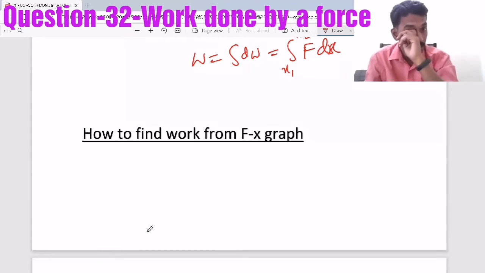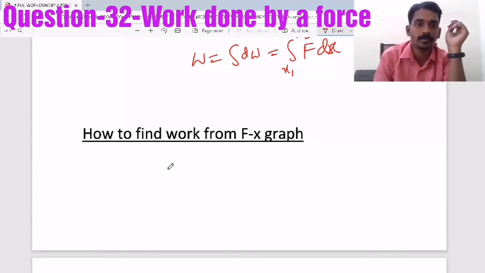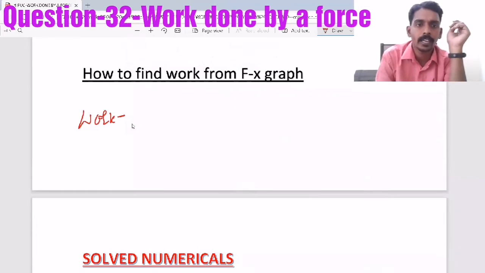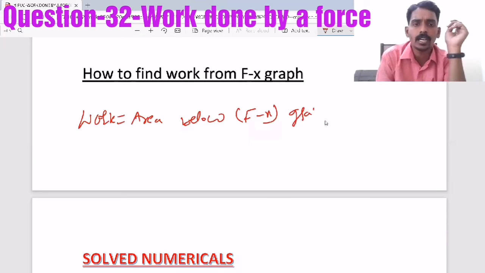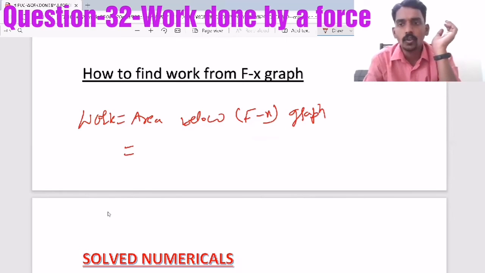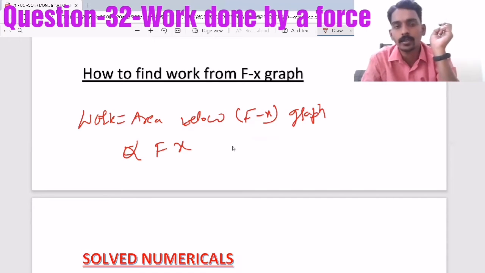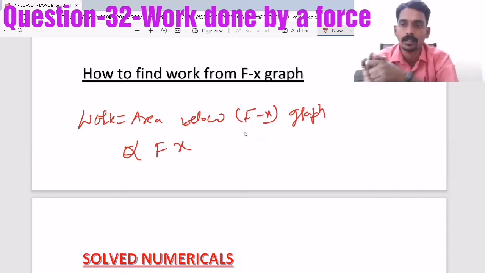Now, how to find work from the F-x graph? The work done is also equal to the area below the force versus displacement graph. Because from any graph we can find either slope or area, and area is proportional to the y quantity into the x quantity, force into displacement, that is nothing but work.